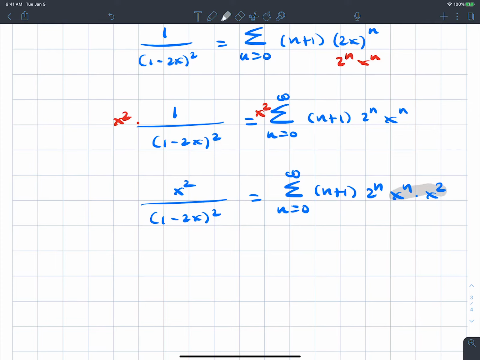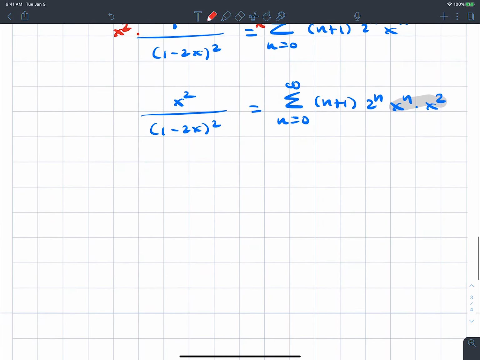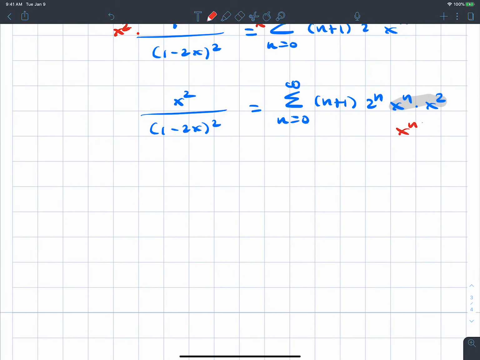Remember, this is a sum, so I multiply that x squared times the sum, and then you get x to the n plus 2. So the power series expansion becomes the sum, n is 0 to infinity, of (n plus 1) 2 to the n x to the n plus 2.